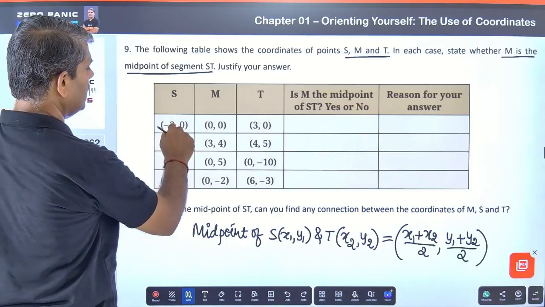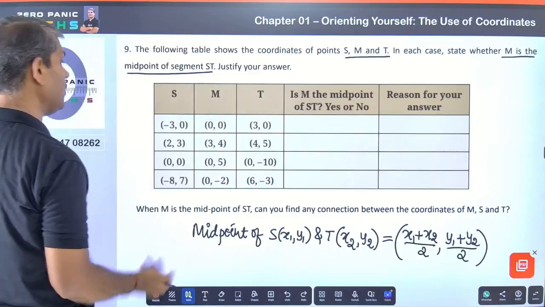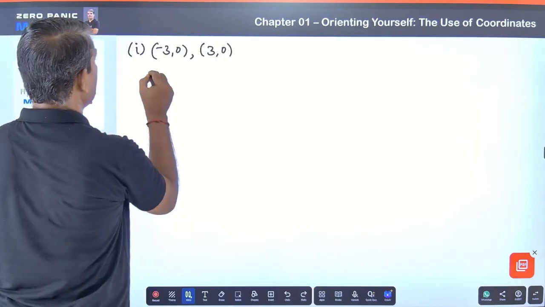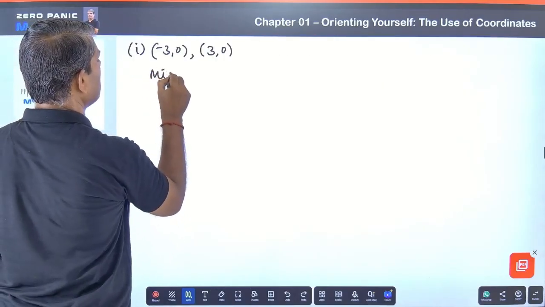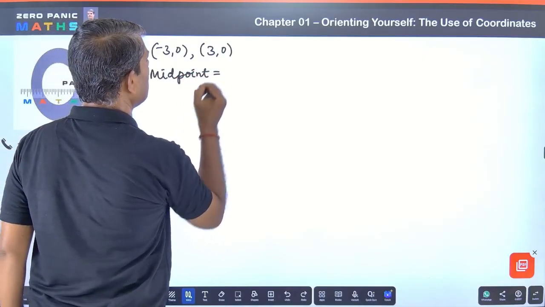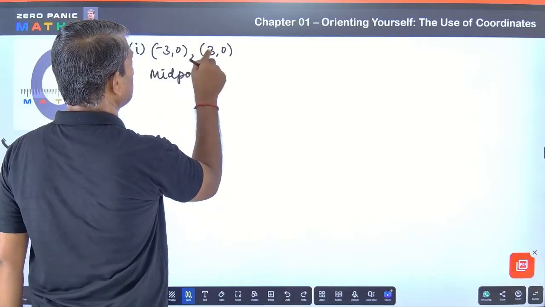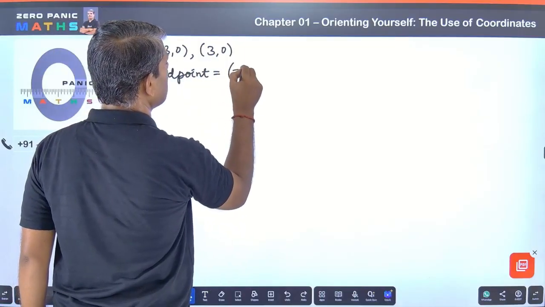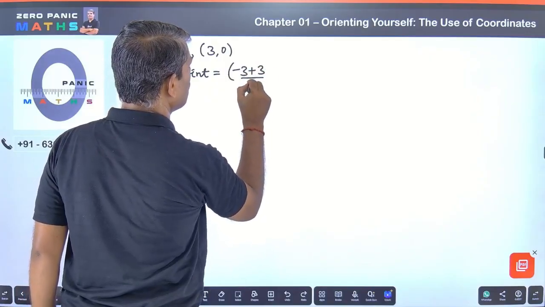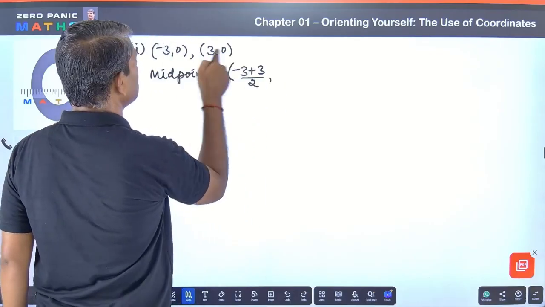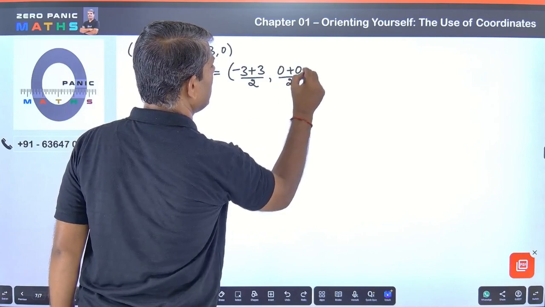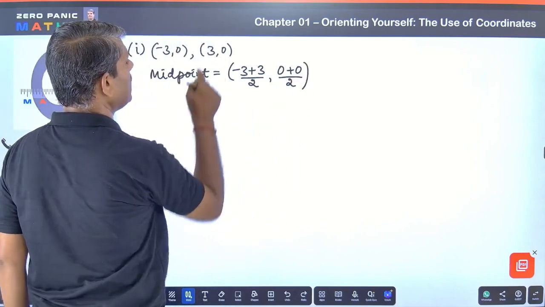Midpoint is equal to x1 plus x2, that is minus 3 plus 3 divided by 2, comma 0 plus 0 divided by 2, that is y1 plus y2.